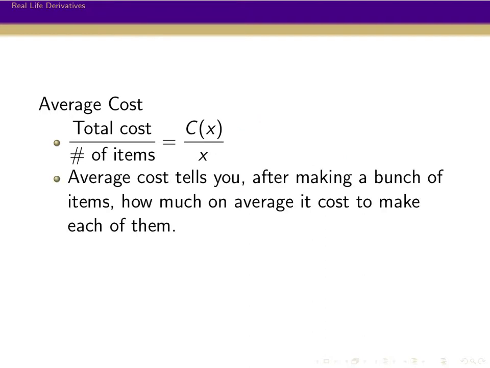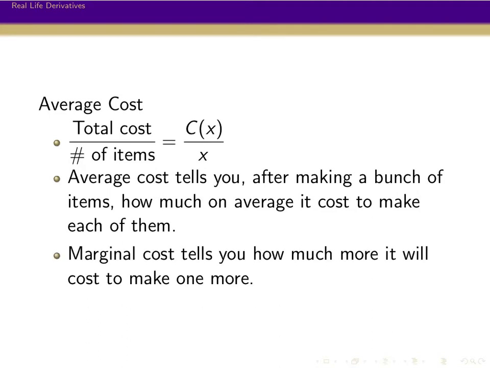Okay. So what does average cost tell you? Well, for average cost, it's like after you make a bunch of stuff, you take how much it costs to make that, divide by the number of things you get. That's your average cost. So it's like after you make a bunch of items, it's how much on average it costs to make each one of those. Okay, how is that different than marginal cost?